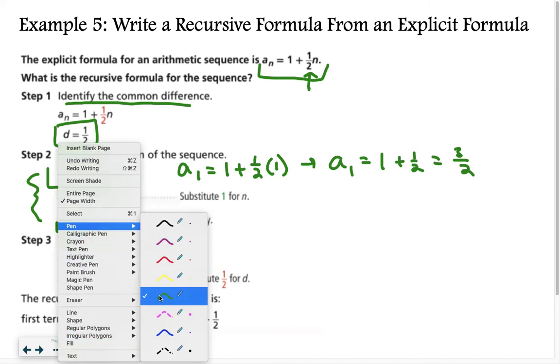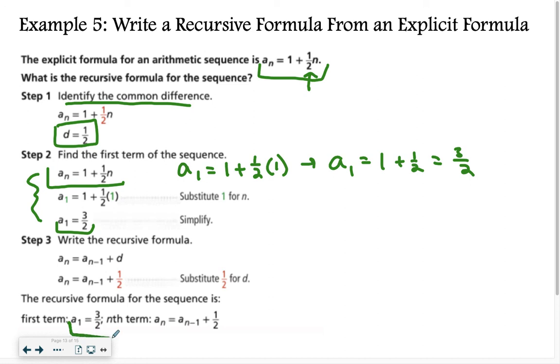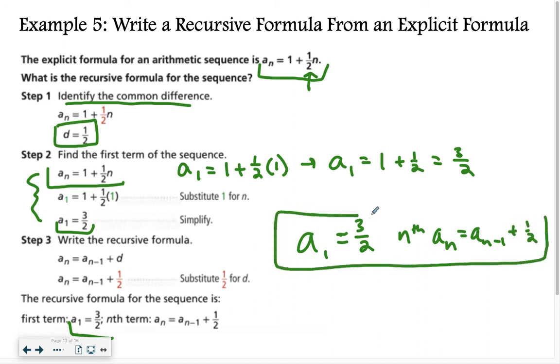So you can see down below that they state a of 1, our first term, equals 3/2, and in order to find the nth term, you would use a subscript n equals a subscript n minus 1 plus 1/2. So this is what you would have to include for a recursive formula. You'd have to type both of these pieces of information in, and usually we use a semicolon. That's not a J. Please don't mistake that for a J. That is a semicolon. We use a semicolon to split up those two pieces of information, okay?